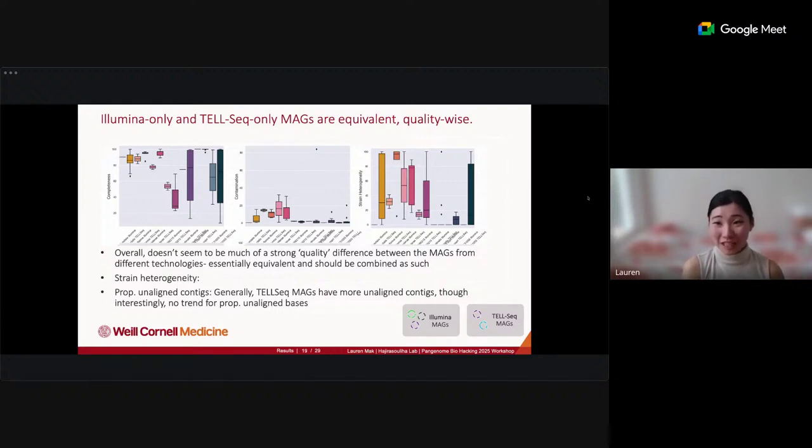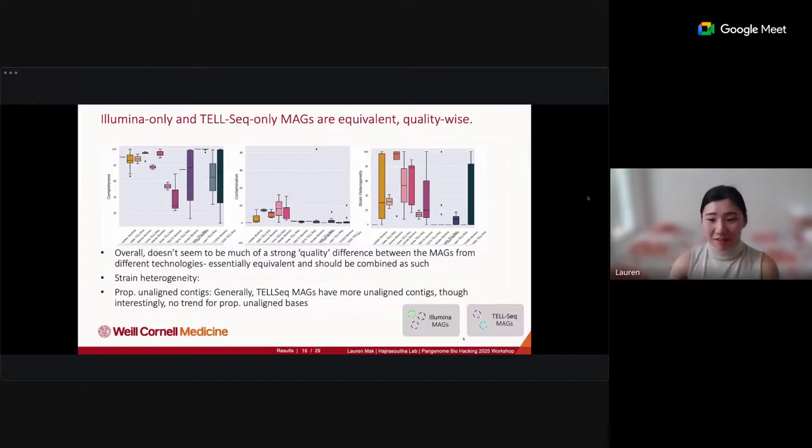There was also just more sequencing material in the original TELSeq sample, so maybe that's why they picked up on more variation, but I think there's way too many steps to truly isolate where that source of variation comes from.